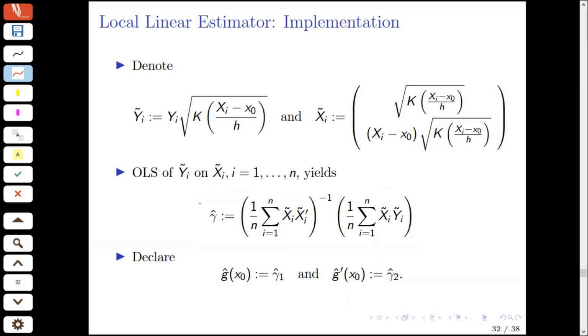Now the solution to this least squares problem, let's call it gamma hat, is a 2×1 vector. From this solution, we could extract the first element, and that would be our local linear kernel estimate. We could also extract the second component, and that would be an estimate of the derivative of g at the same point, x0.